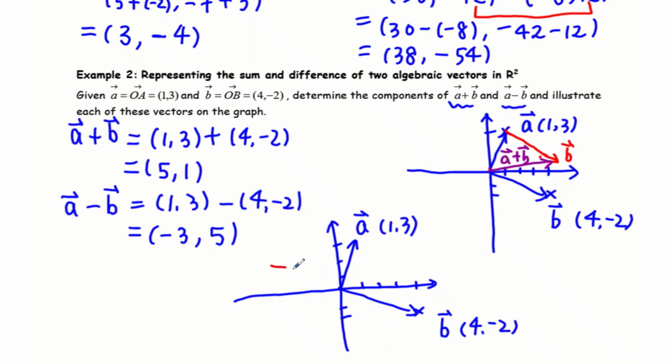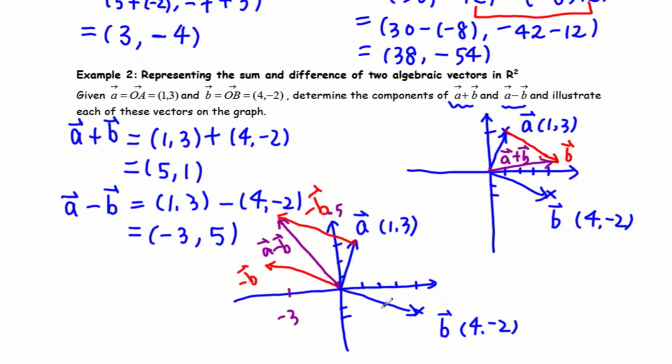So negative B will be this direction. And when we do A plus B, we put the tail to the head of the A, then draw exactly the same. Negative B here. Then from the tail to the last head, this is our A minus B. And you will see it is -3 and +5.